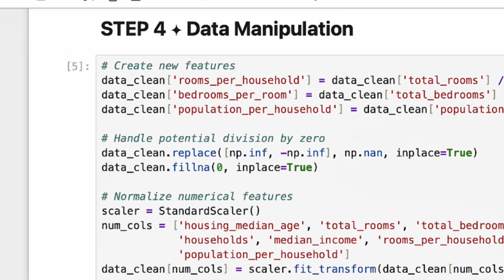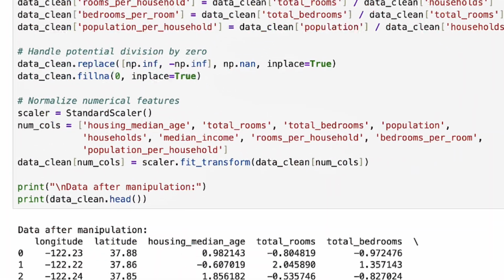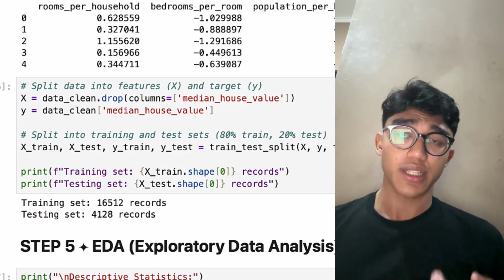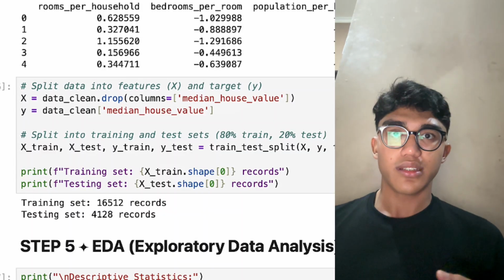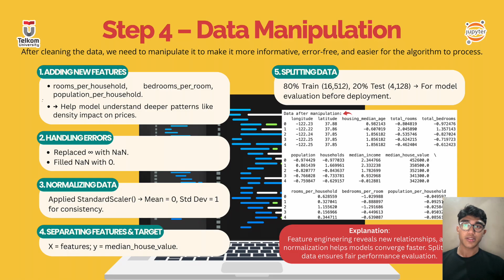We handle errors by replacing infinity values with NaN and filling missing values with 0. To improve model efficiency, we normalize all features using StandardScaler. Finally, we split the data into 80% training and 20% testing. It is 16,512 versus 4,128 records to ensure reliable model evaluation.